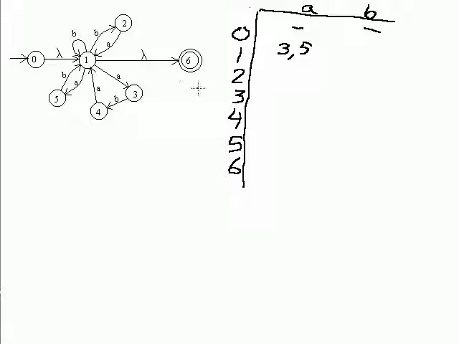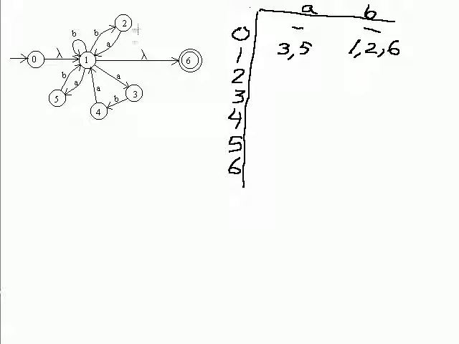But first you have to use the B. So when you're in state 1 and you use the B to come back to here, you see, well, there's a transition over to 6. So I will pick up not only 1, but also 6 from that transition right there. But then there's this transition too. There are no lambdas out of here. So we're going to get 1, 2, and 6 as the contents of the table here.